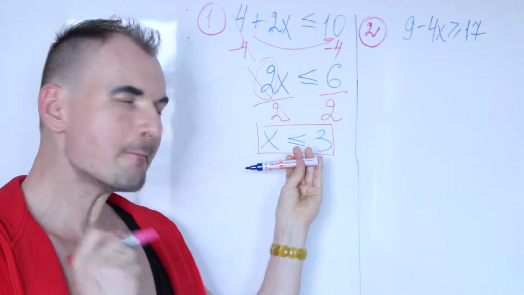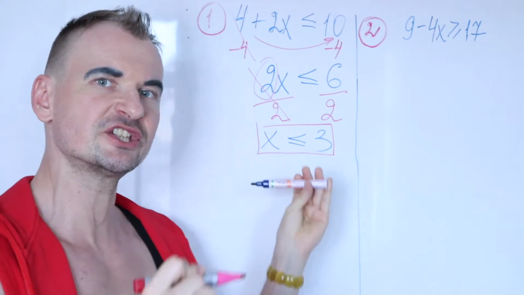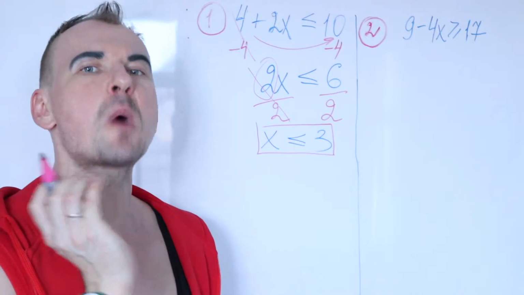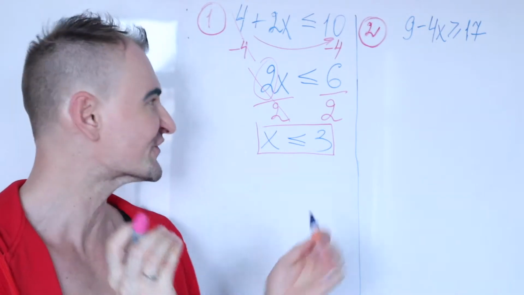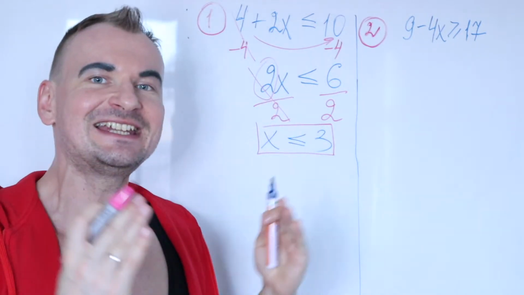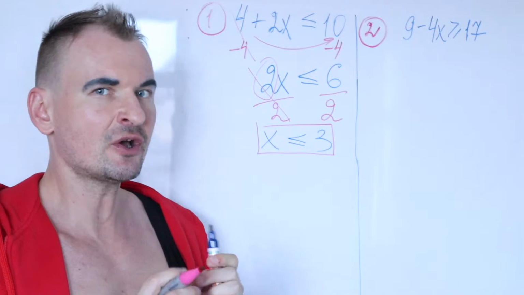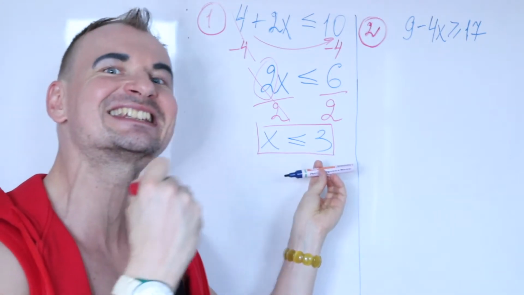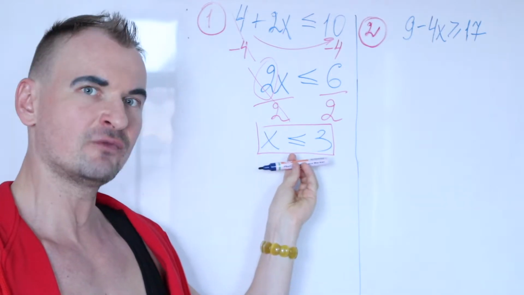I would like to give you a glimpse into this. Compared to linear equations, where you have only one unique value for x, for inequalities you come up with infinitely many x's. It's not only one x, it's all x's that satisfy this inequality.